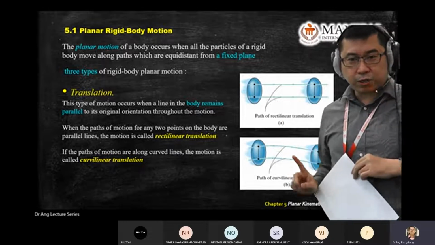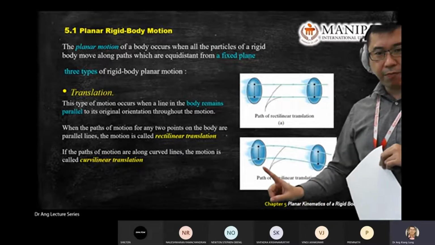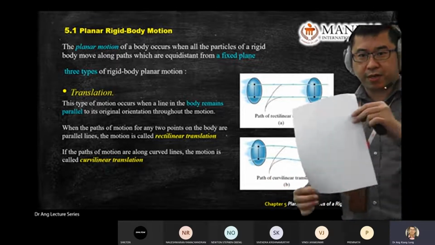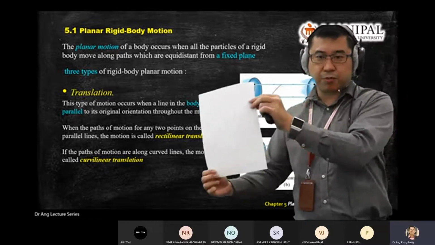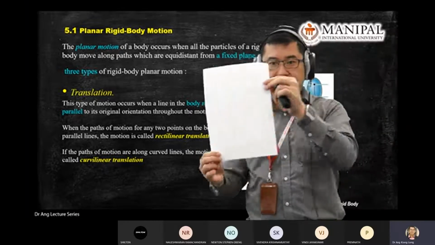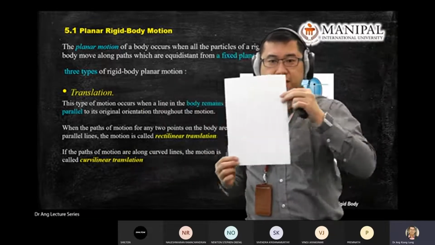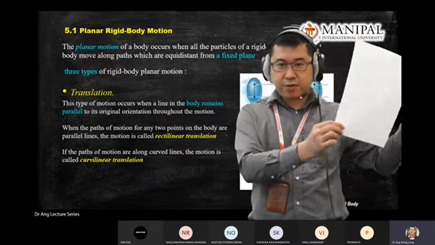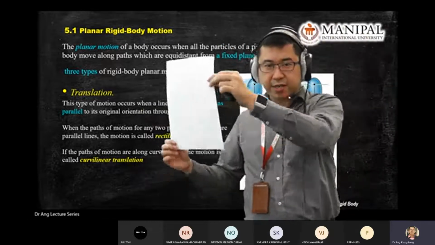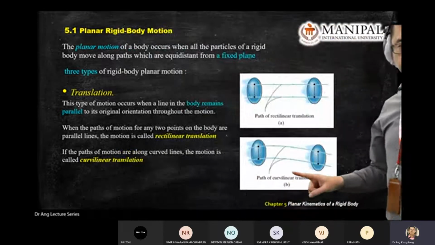Another one is also translation, but it moves in a curvature motion. It moves in a curve, not in a straight line. This one is rectilinear, and this one moving in the curve is curvilinear motion. Okay, there are two.